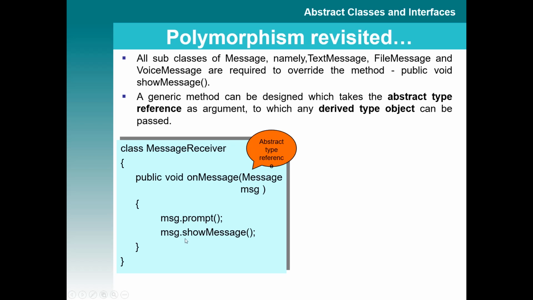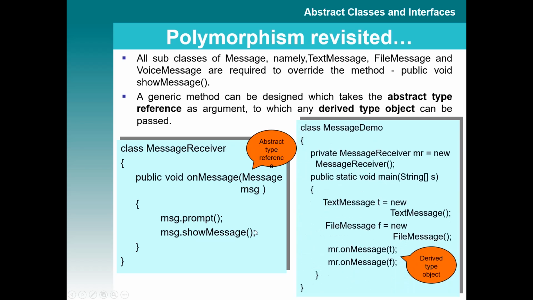Now, even though the compiler knows that showMessage is an abstract method, it allows me to call it because it knows that at runtime the object will be of a concrete type and it's going to polymorphically dispatch this method call onto an appropriate object.